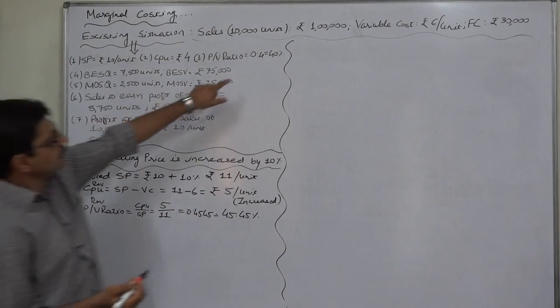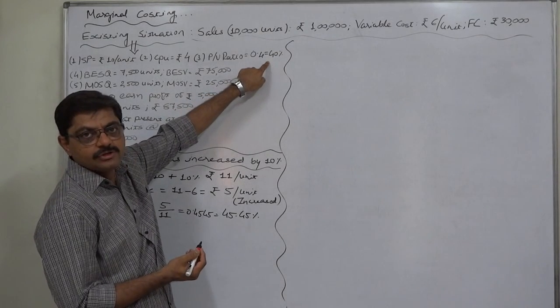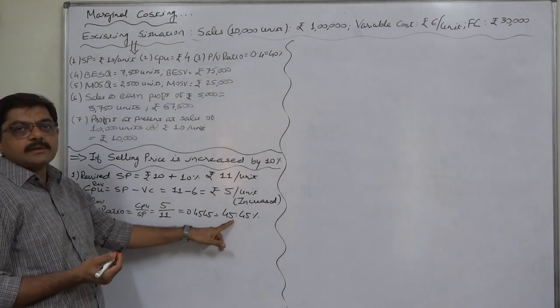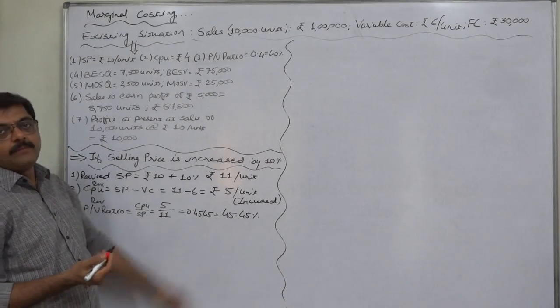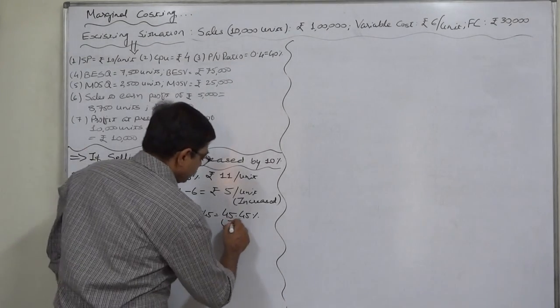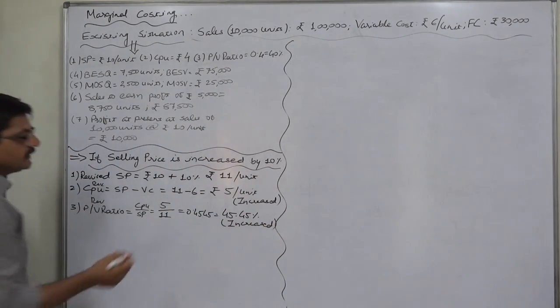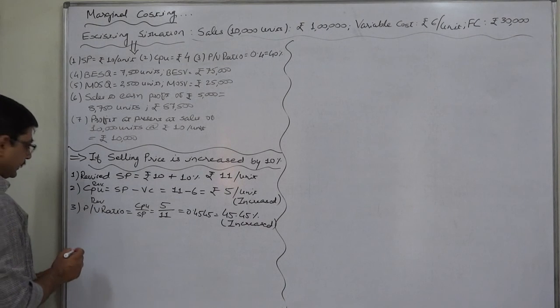In the existing situation the PV ratio is 0.4 or 40%. Against it, it is now 45.45%. So it has also increased because of the increase in the selling price by 10%.